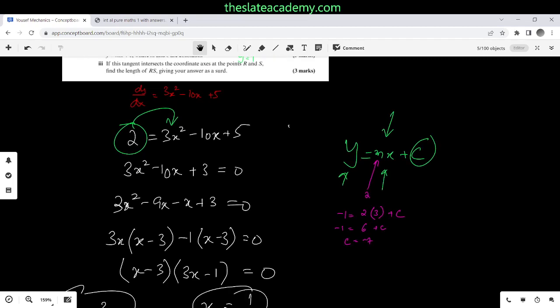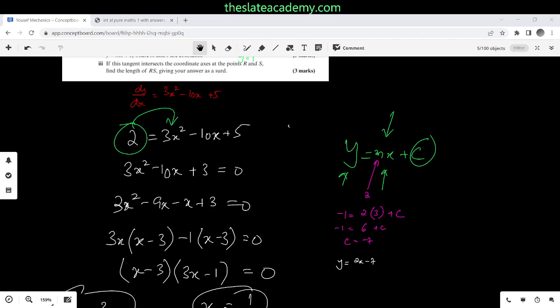Understood? Yes, sir. Now I can say the equation of the line is y is equal to 2x minus 7. Yeah, you can say that.